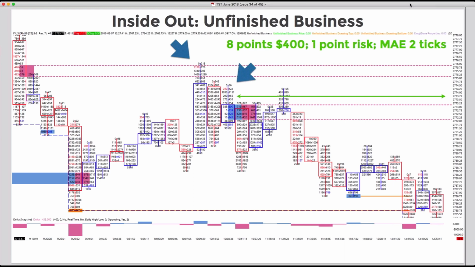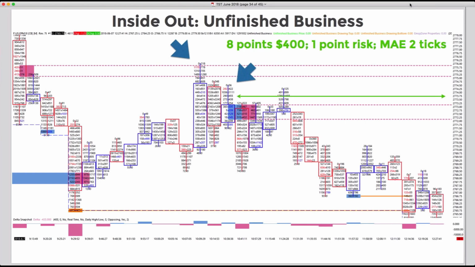This is ES from the 7th of June, which would be last Thursday. What we can see here as we look along the chart at 9:29, closing time of that bar is 9:29 and 52 seconds, just inside the first hour. We made the low of the day, but you can see from the orange highlight, we did not run out of sellers.